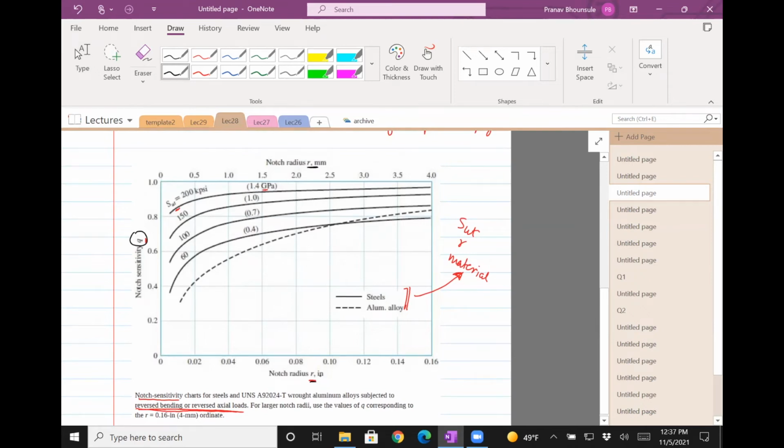This is in mm, this is in inches, so it's 3. And we need the ultimate strength, and I think it's 690 MPa. These values seem to be in gigapascals. So 690 MPa is about 0.69 gigapascal, or you need to multiply it by 1e-3. And so that seems to be very close to 0.7.